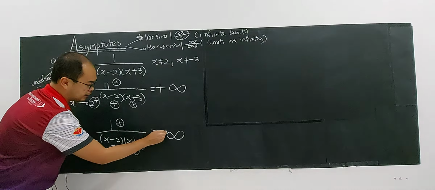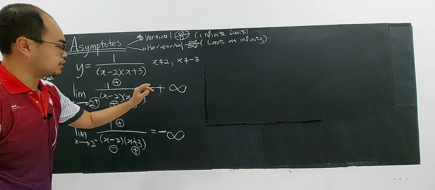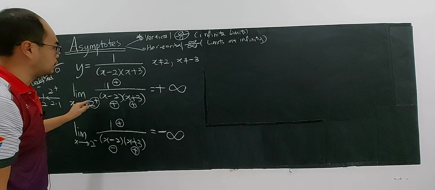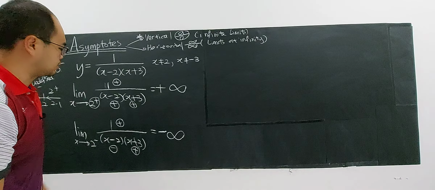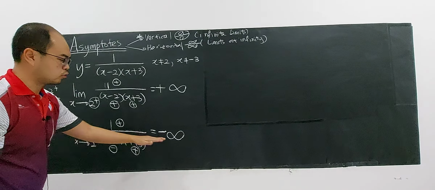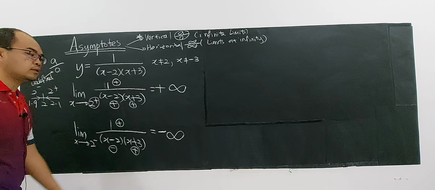So you have shown that when x approaches 2 from the right, you're getting infinity, right? This alone is enough to prove that x equals 2 is a vertical asymptote here. But I do both sides here. So this one goes to negative infinity. Later I can use this information to sketch the graph.